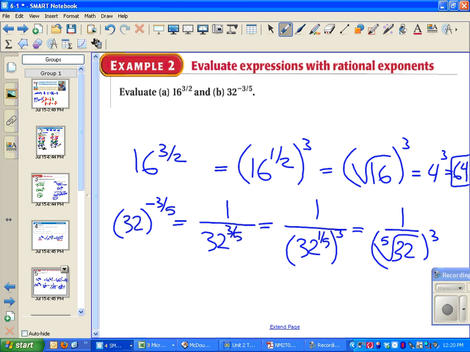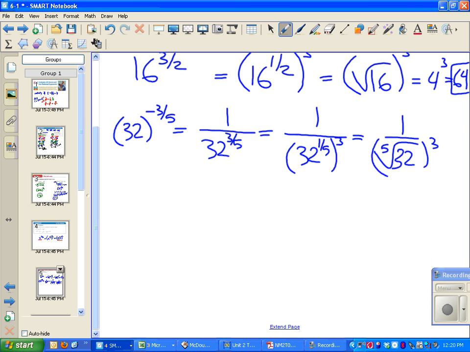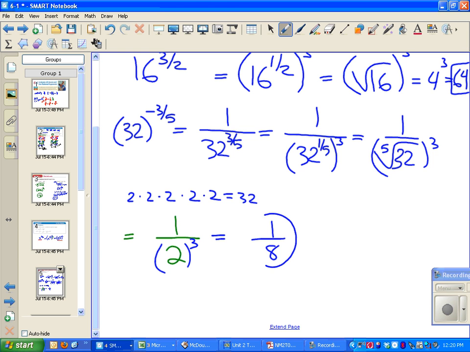And the 5th root of 32, I'm basically looking for a number multiplied by itself 5 times that equals 32. And so that would be, let's see, 2 times 2 times 2 times 2 times 2 equals 32. So I found my answer. So this is going to be equal to 1 over 2, the 5th root of 32 is 2, and then I'm still going to cube it. So that would be 1/8 for my final simplified answer.